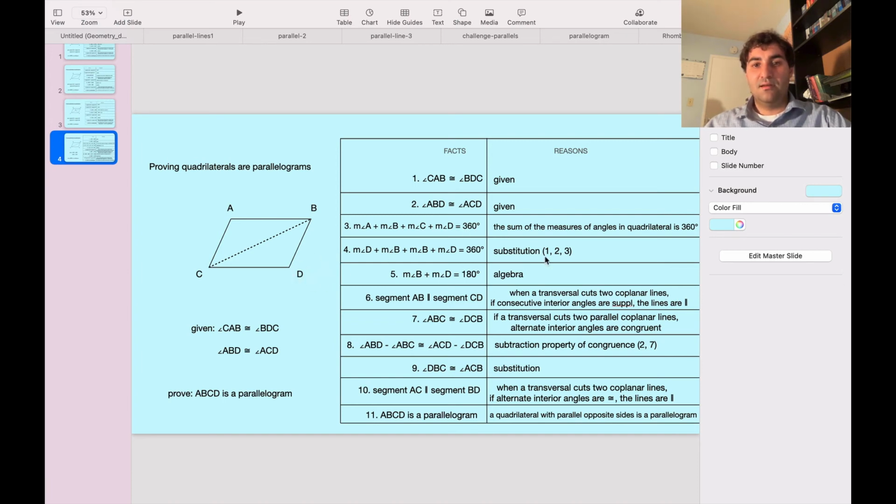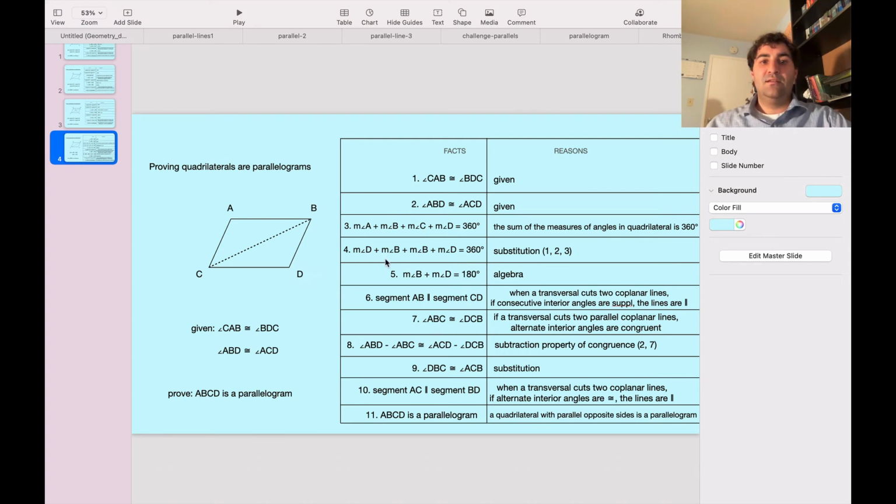Now I'm going to use substitution with statement 1, statement 2, and statement 3. We know that angle A is congruent to angle D, so I'm just going to sub angle A with angle D. And we know that angle C is congruent to angle B, so I'm going to sub angle B into angle C. So we get this relation here.